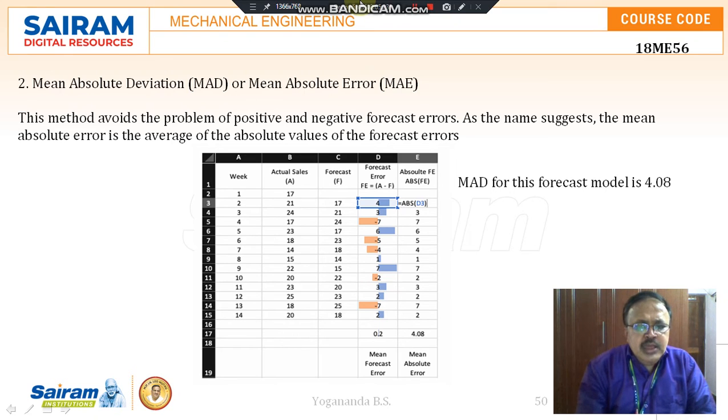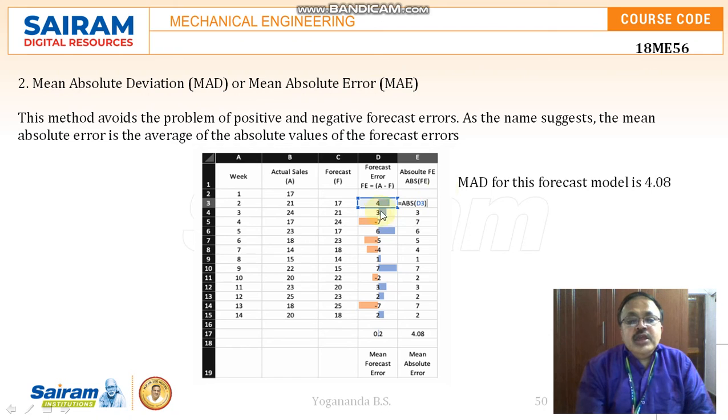Here I am taking the absolute values. The name itself says we are taking the average of the absolute values. Even though I may get positive or negative values, I am taking the absolute value of these forecast errors. The absolute value of plus 4 is 4 only.